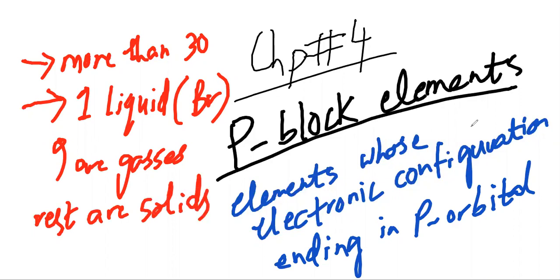And the P block contains all types of elements: metals, non-metals, and metalloids.